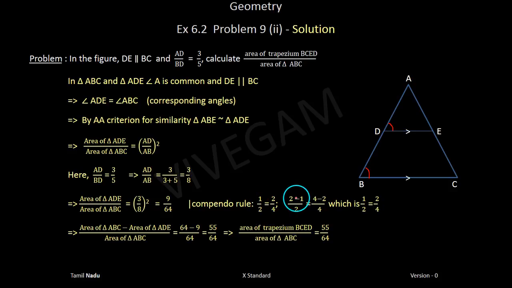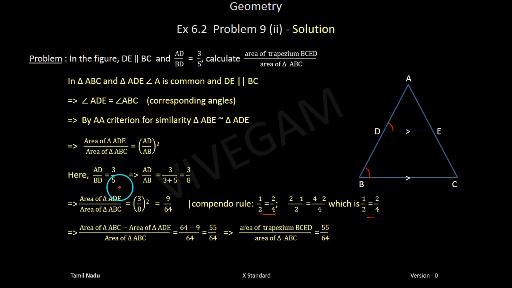So (2 minus 1)/2 will be equal to, on the right side applying the same, (4 minus 2)/4. See whether they are equal. 2 minus 1 over 2 is 1/2. And (4 minus 2)/4 is 2/4. So it comes to the same fraction. So by doing that rule, we are not changing the equation. The equation is the same. It's just a manipulation.